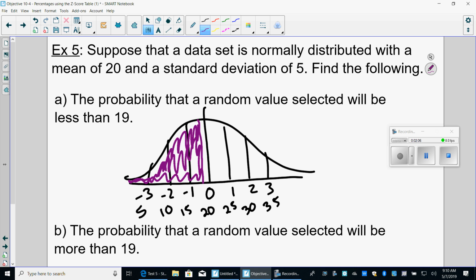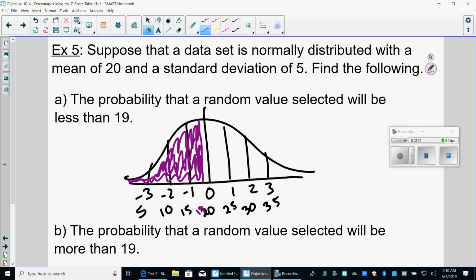Is this one good just by the picture? Is it exactly on it? No. Okay. I mean, we know it's going to be close to what? Close to 50. Why? Because it's almost at the 20, right?